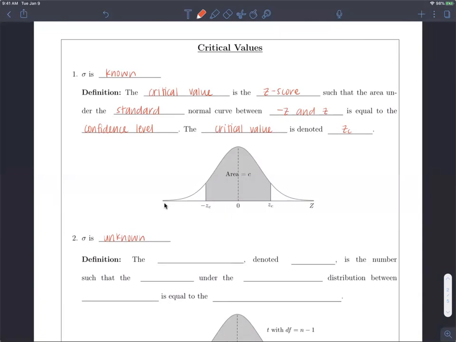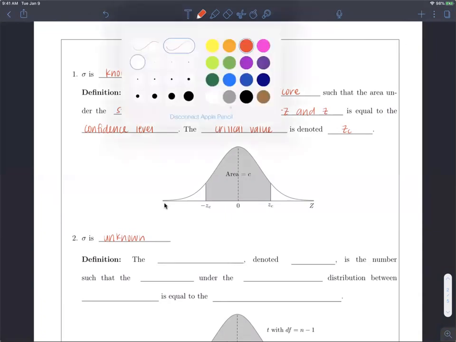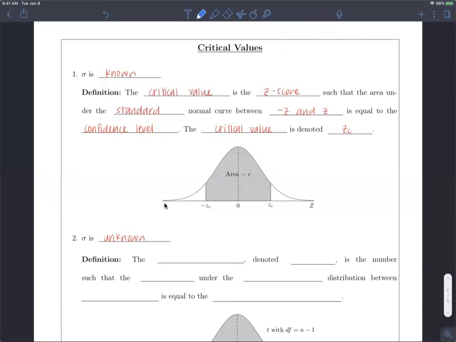And so here, if you look at this picture, the area is just the stuff in the middle, and the critical values, well, I guess it's just one critical value, but the positive and negative version of that critical value are the boundaries of your critical, or not your critical area, right? This is not the critical area.